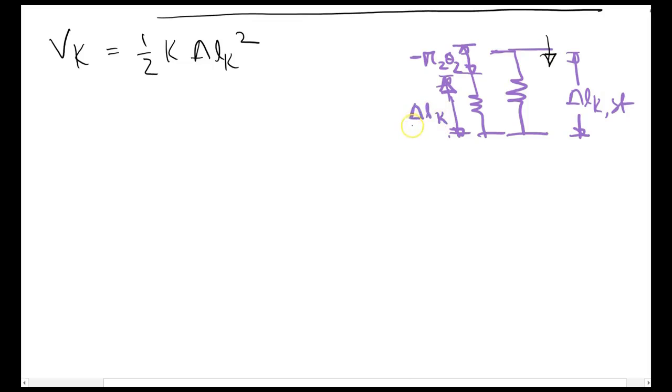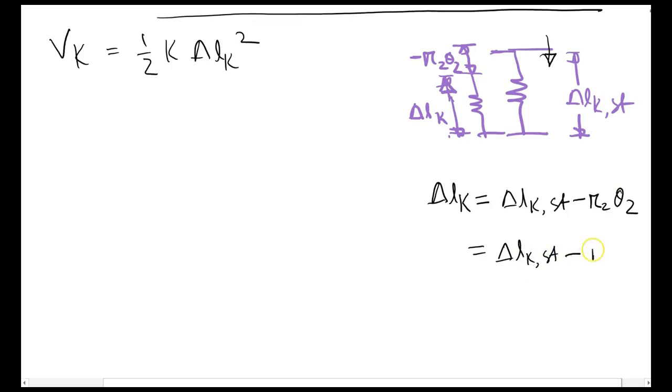That deflection we consider as del Lk, and the shortened displacement was negative R2 theta 2, negative because it is shortened. So we can write del Lk, the deflection of the spring, as the static deflection of the spring minus R2 theta 2. As we already know the expression for theta 2, we can write directly R1 theta. Now substitute this value into this equation. We can get half K (del Lk static minus R1 theta) whole squared.